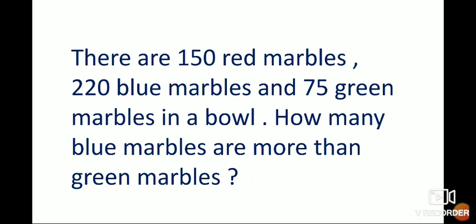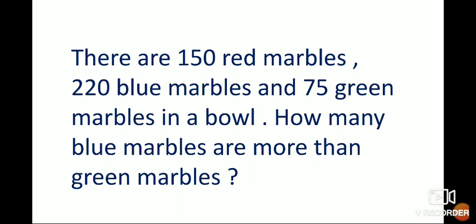Now here we are using only two numbers. Although we are given so much information, you are using only two numbers. How many blue marbles, 220, are more than green marbles, 75?